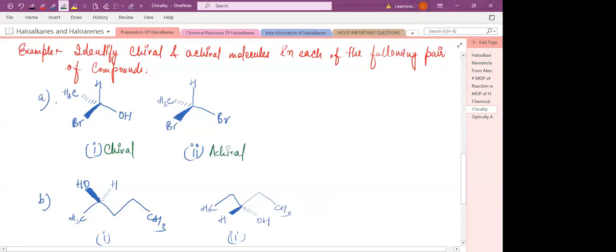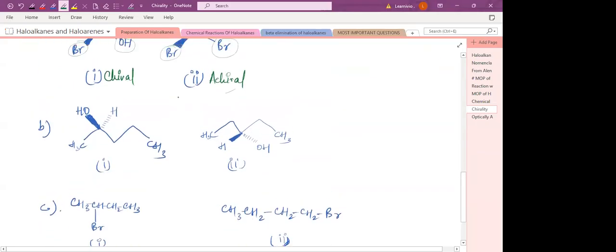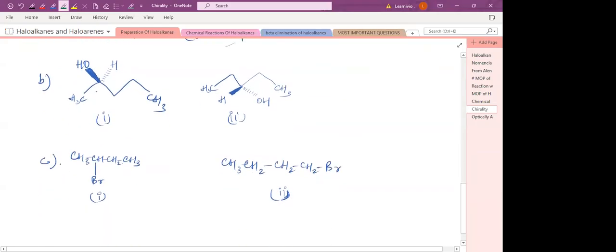Because this is your carbon and carbon is attached to hydrogen, hydroxyl group, bromine and methyl, and all the groups are different. In the other one, the bromine and bromine are similar, so this carbon is achiral.